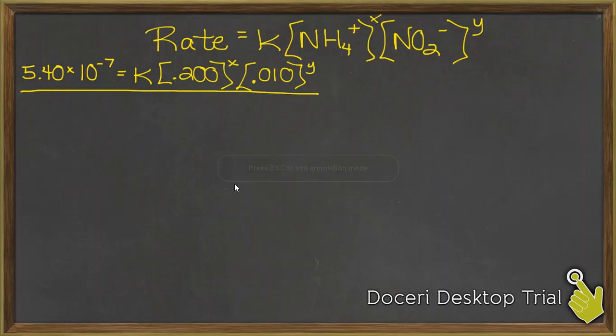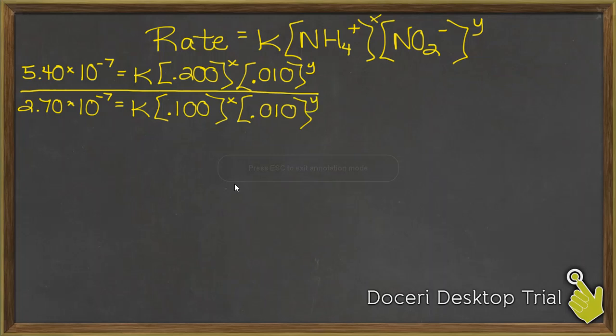I'm going to write the same placeholders, but from experiment 2, because those were the 2 experiments that I was going to compare. The molarity for ammonium is 0.100, again raised to the x power, but I don't know what x is. And this was 0.010.